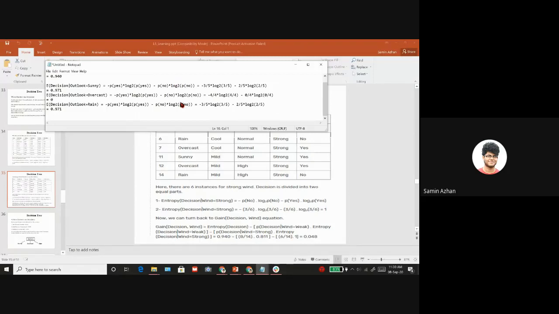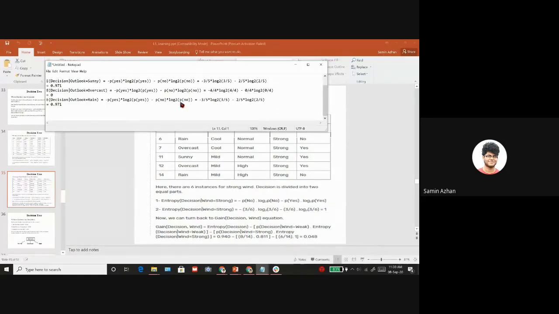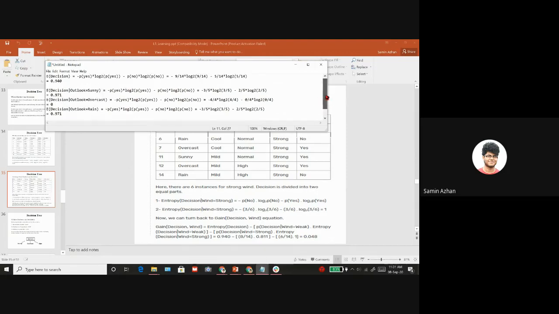We're trying to calculate gain of decision, comma, output. The first thing we have to do is use the value of entropy of decision, which is 0.940.